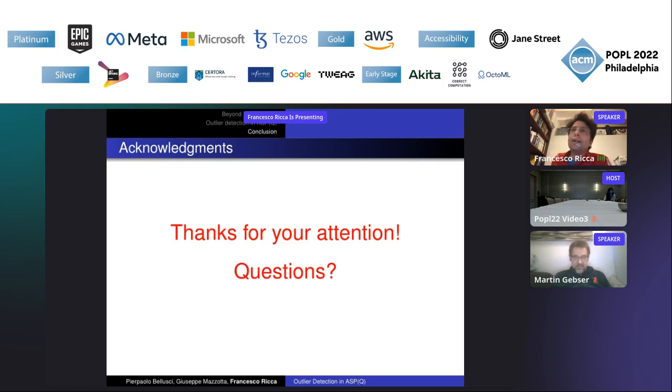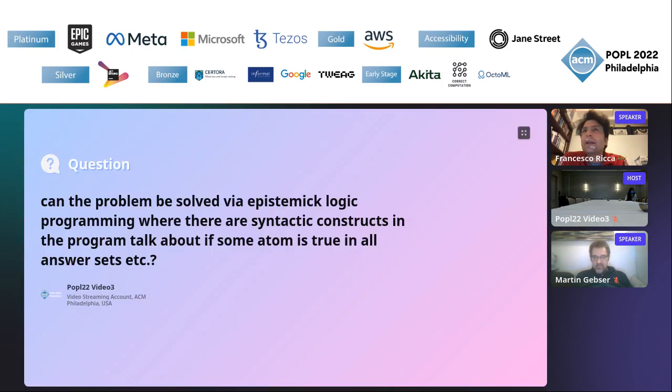Well, Ezra, this is a very interesting question. One could try to do this also using epistemic logic programming, because I think the final constraint could be expressed in epistemic logic programming.